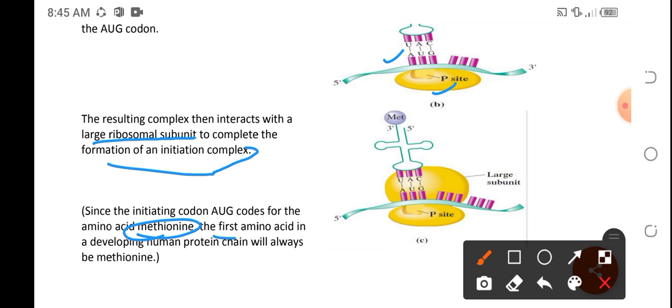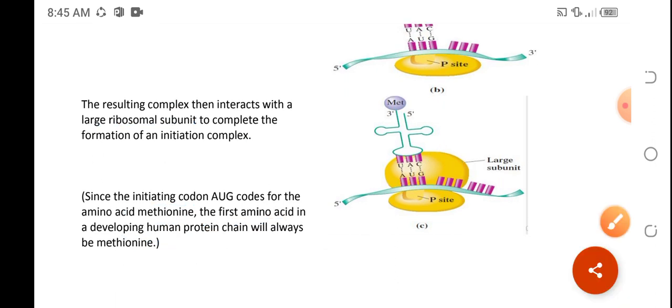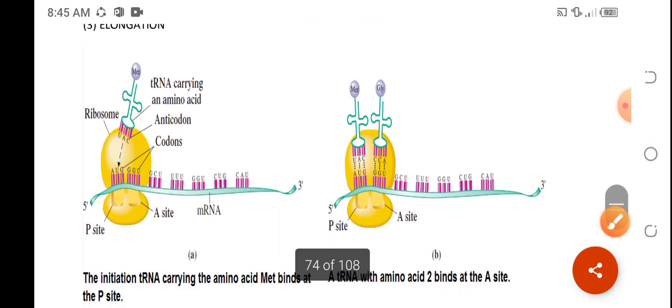So it is always the first amino acid in developing human proteins during this translation process. So upon the interaction of the tRNA, the large subunit should also interact to complete the initiation process.